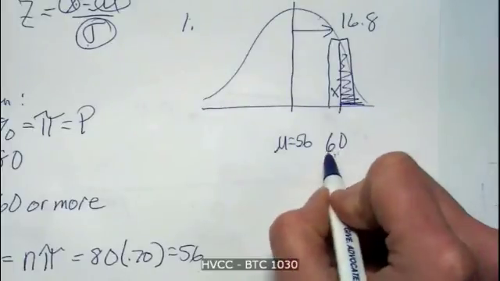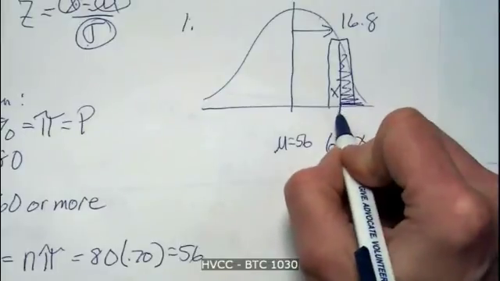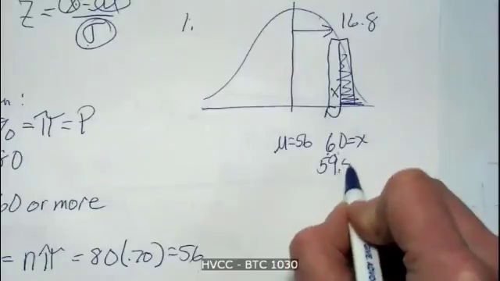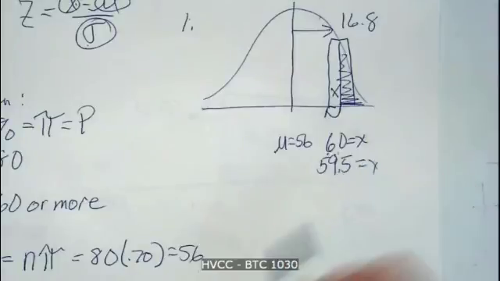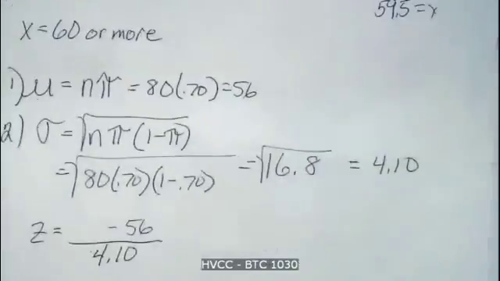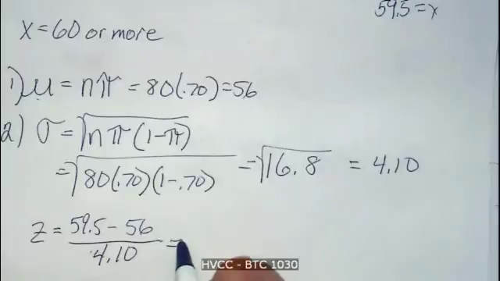So instead of using an x of 60, in this case, we have to bring it back to 59.5. And that's what we put into the formula, 59.5. And when we calculate that, we get a z of 0.85.